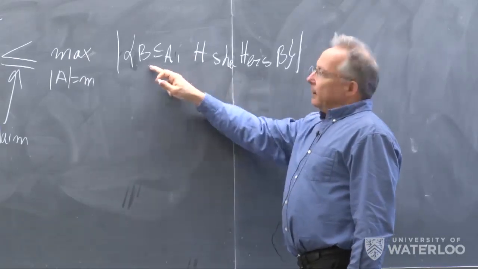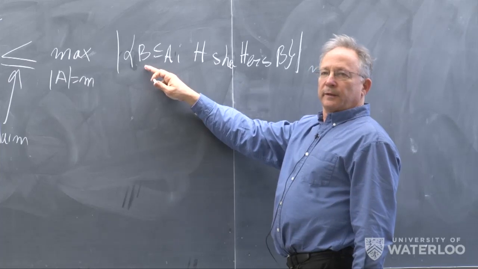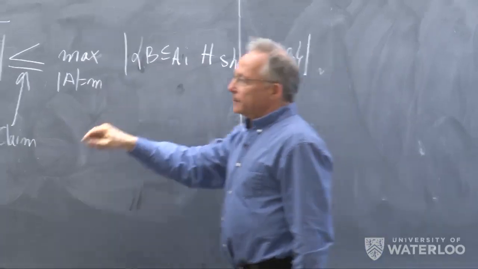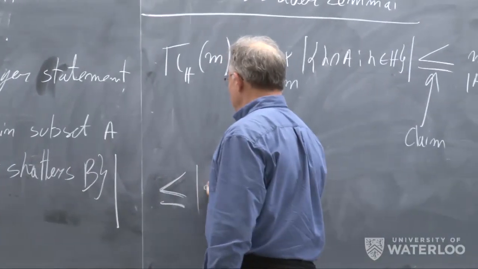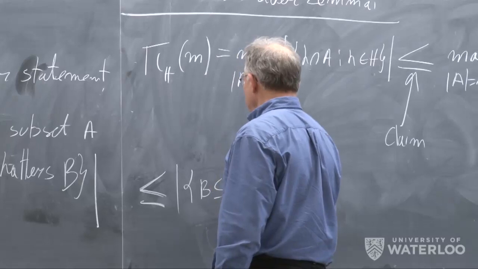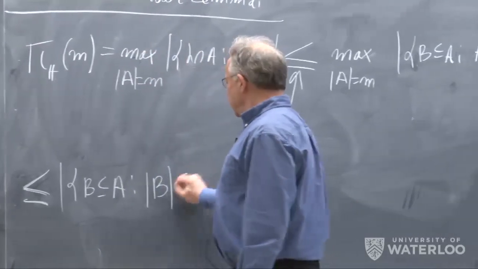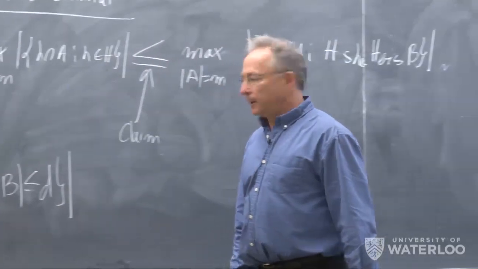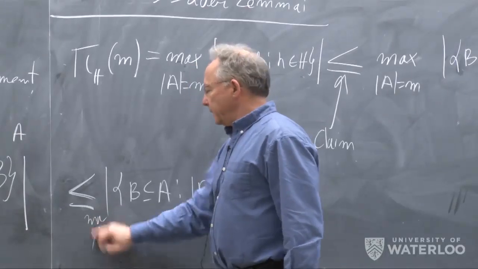But if H has VC dimension d, I know that it only shatters sets of size at most d. So this is less than or equal to the number of subsets B of A such that the size of B is at most d, again, the maximum over all those A's.